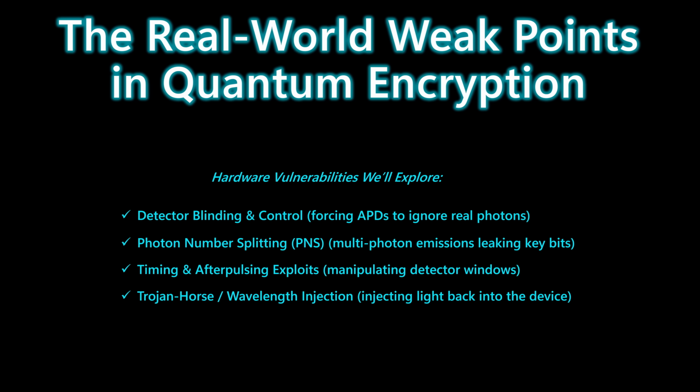Third, timing and afterpulsing exploits. By manipulating the detector's response window, an attacker can bias which detector fires and tilt the measurement outcome. And finally, Trojan-Horse attacks. Eve injects controlled light back into the device to read out internal settings and extract key information before the photons are even measured.